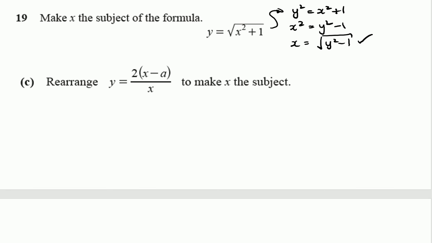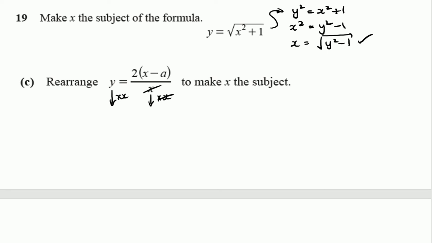Now I'm asked to rearrange y equals 2x minus a over x to make x the subject. Now this one is going to be one of the most complicated ones that we do, because x appears twice. So, the first thing to do here is realize that that fraction isn't anyone's friend, so I'm going to multiply through by the denominator, as always, to get rid of it.